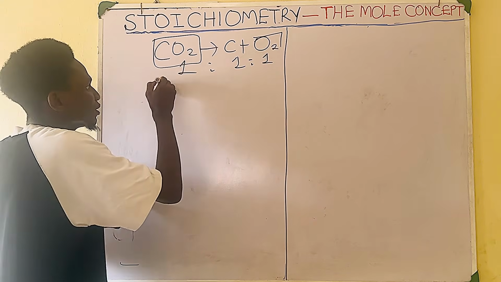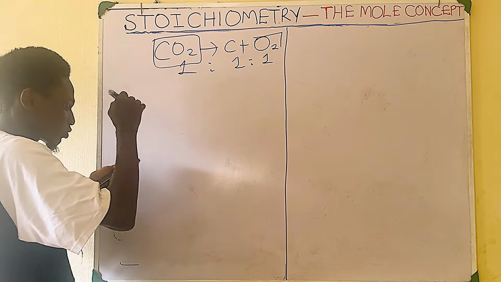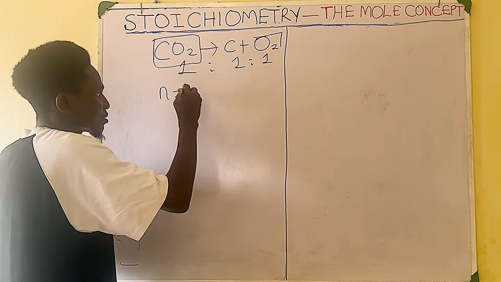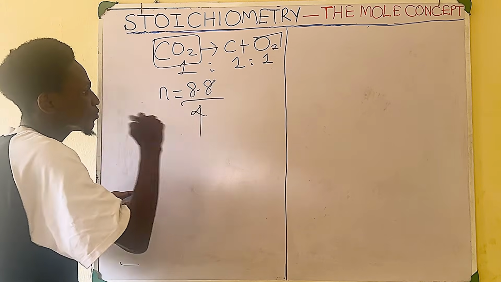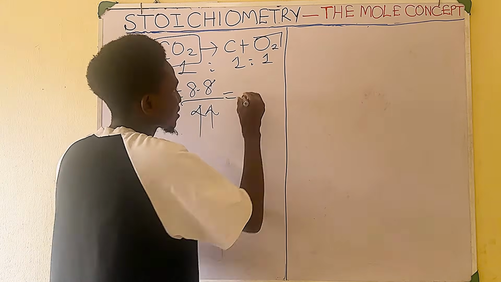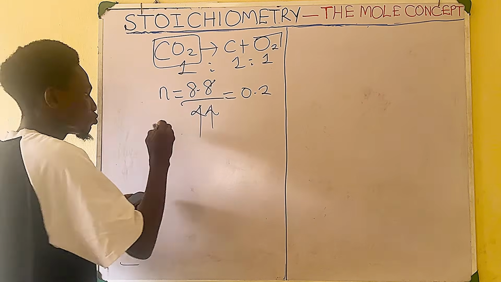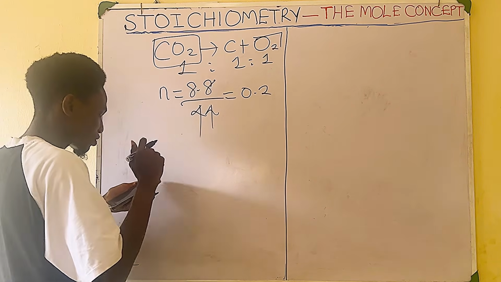So what do you do now? Since I know the mass of CO2, I can say n equals mass over molar mass, 8.8 over 44, since CO2 should be 44. That's 0.2. Now, with 0.2 moles, I'm going to look for how many atoms of oxygen are present.